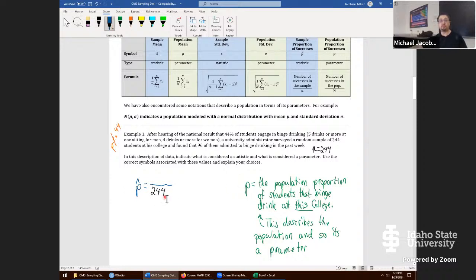So we had 244 students that were selected, and here are the successes. 96 of them admitted to binge drinking, so 96 goes here. And that's our statistic. We want to explain our choices.